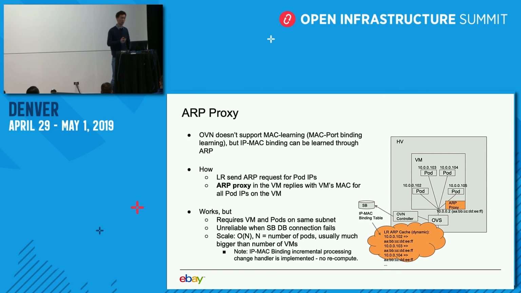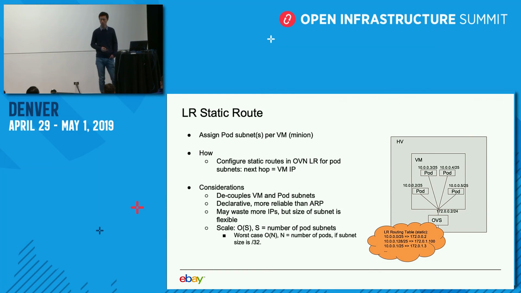Think about if the southbound DB has an occasional or transient failure for some period: those ARP messages will be lost forever, unless you have some mechanism such as periodically sending GARP. Otherwise, it will be a problem. And scalability is basically big O of N, where N is the number of ports, because each port maps to one entry in the MAC binding table.